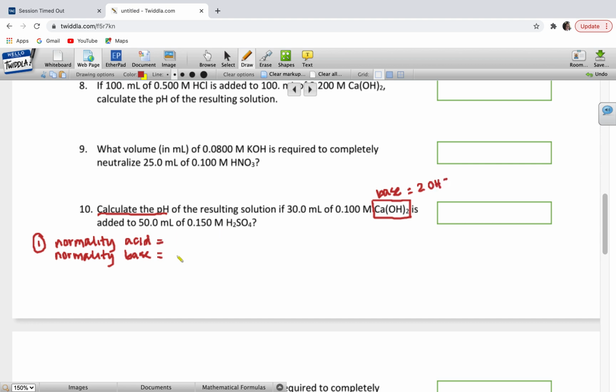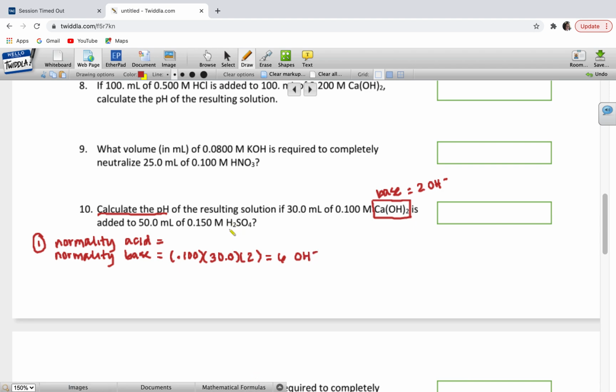So for the normality of that base, I'm going to take the molarity they gave me, 0.100, multiply it times the volume they gave me, which was 30, and then multiply that times the 2 hydroxides in that chemical formula. So 30 times 2 is 60. Multiply that by 1/10, and it's just 6. So that's how much hydroxide we've got in there, okay?